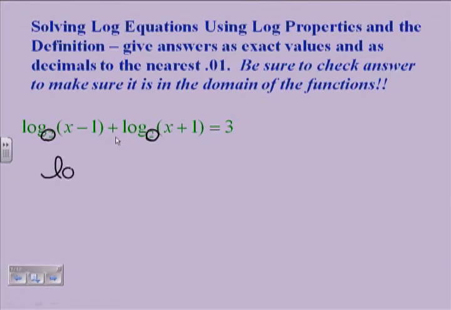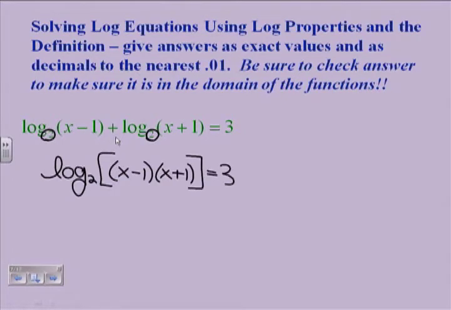I can use the property of logs that says your inputs were multiplied. That's one of the properties that we studied in a previous lesson of logarithms. Well, then, if you do the multiplication inside, log base 2 of x squared minus 1 is equal to 3.